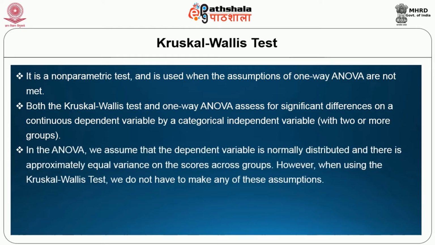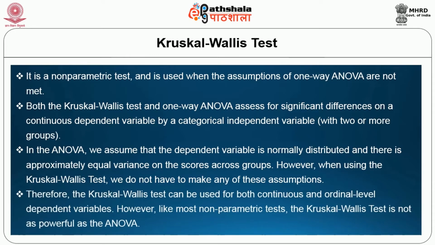In the ANOVA, we assume that the dependent variable is normally distributed and there are approximately equal variances on the scores across groups. However, when using the Kruskal-Wallis test, we do not have to make any of these assumptions. Therefore, the Kruskal-Wallis test can be used for both continuous and ordinal level dependent variables.